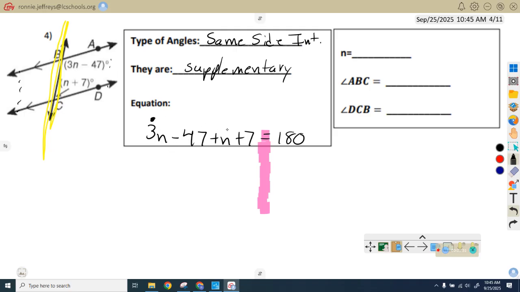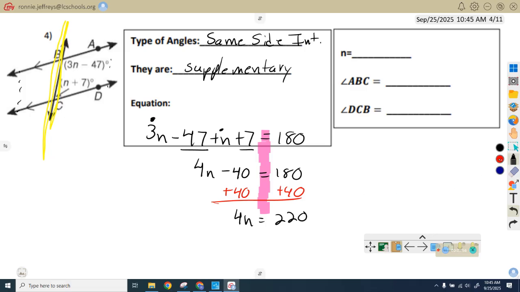So we're going to combine 3n and 1n and get 4n. We're going to combine negative 47 and positive 7 to get negative 40. We're going to add 40 to both sides by the addition property. And then divide by 4.